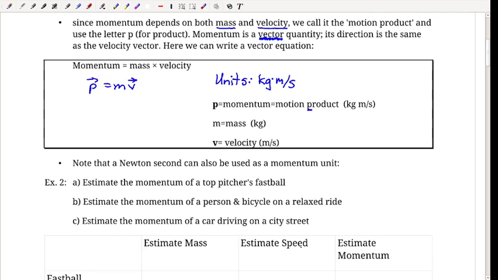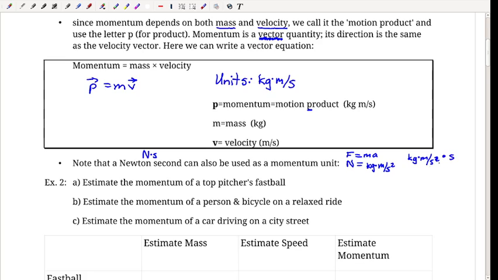Note that a Newton second, N times s, can also be used as a momentum unit. And this comes from the fact that, remember, we had last year force equals mass times acceleration. A Newton, my force, is equal to mass in kilograms times acceleration in meters per second squared. So if I have a Newton times a second, I end up with a kilogram times meters per second squared times a second.